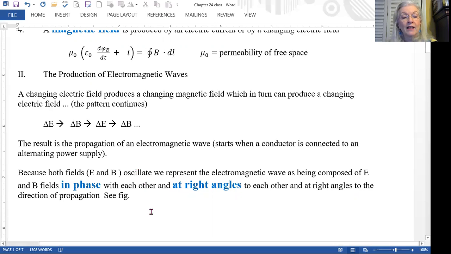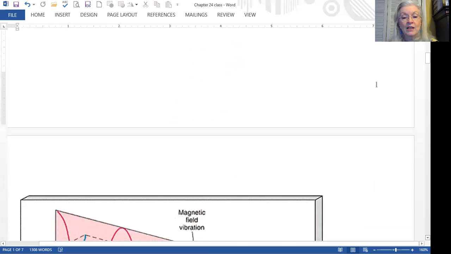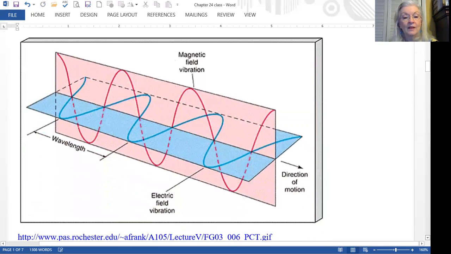Because both the electric and the magnetic fields oscillate, you can represent your electromagnetic wave as being composed of these E and B fields in phase with each other and at right angles to each other, and at right angles to the direction of propagation. We have a little diagram that shows this.